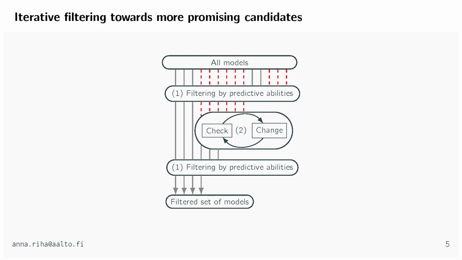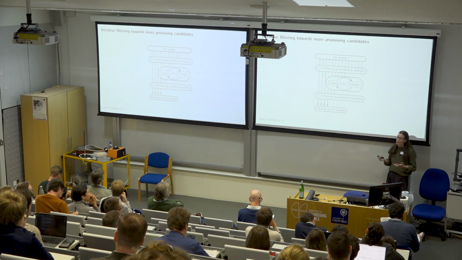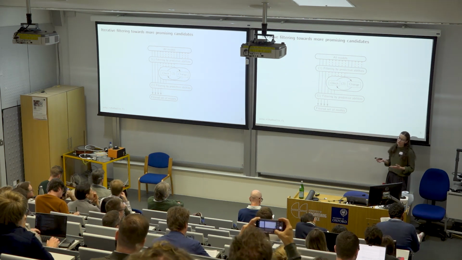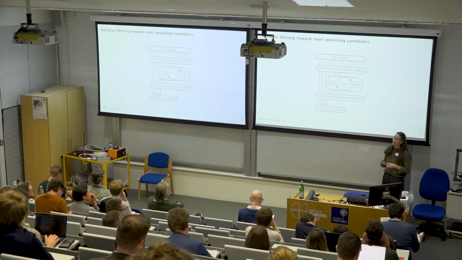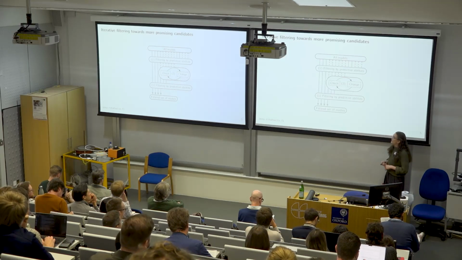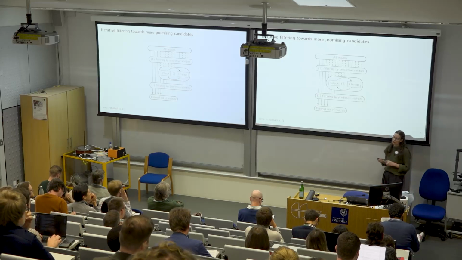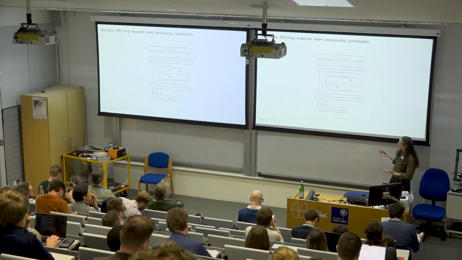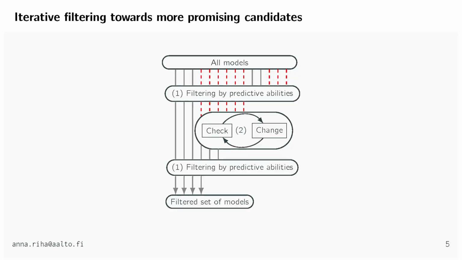But what we are suggesting is to start with filtering by predictive abilities, because this is related to how useful our model is going to be if we think about usefulness in the context of a model being usable for future unseen data. And then secondly, we include a loop of changing and checking where we do computational checks and iteratively improve models. And we end the whole thing by filtering again by predictive abilities.